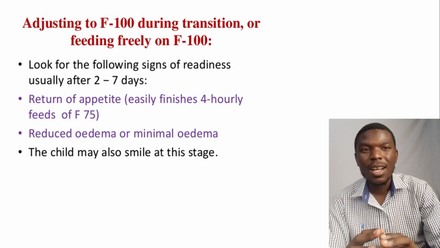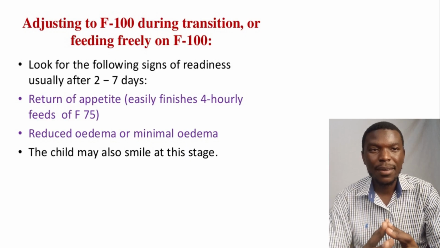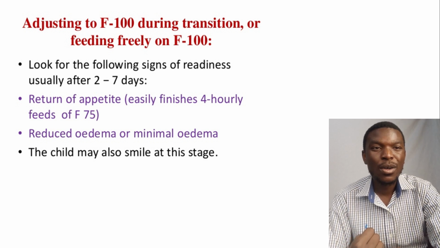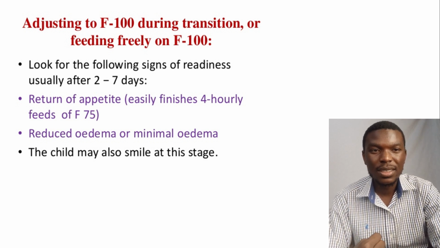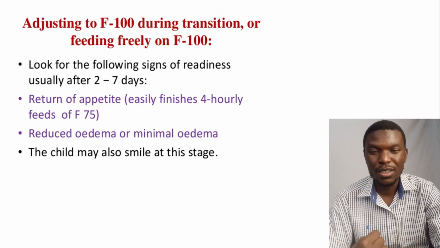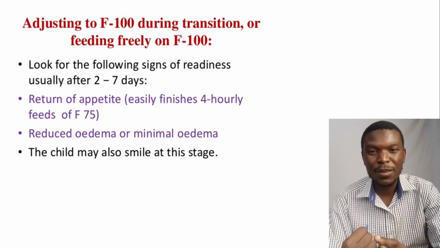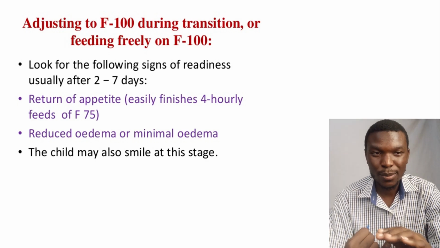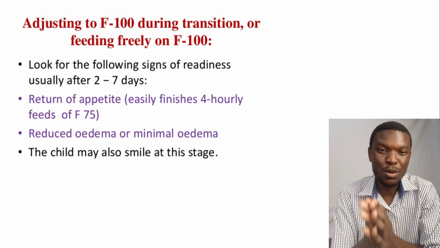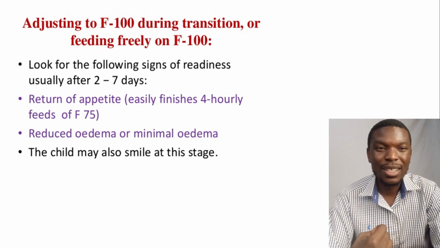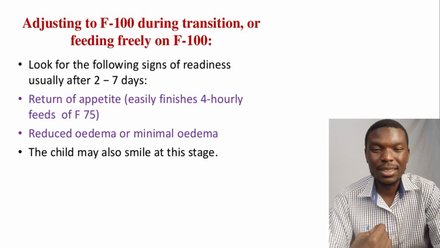So when to change to F100, you're going to look for signs of readiness, usually after 2 to 7 days. So you feed the child on F75 from day 1 to day 7. During this period, you're going to look for whether the child's appetite has returned.